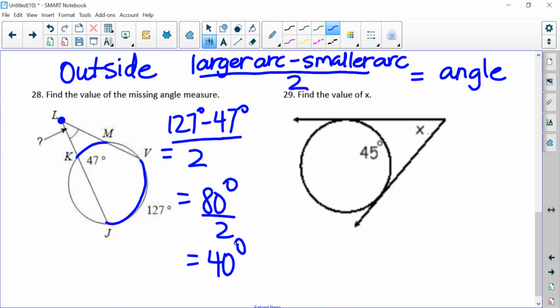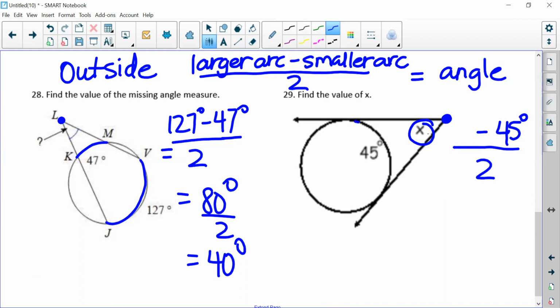Look here, number 29. We're dealing with another angle whose vertex is outside the circle, okay? So we're gonna use the same formula, larger arc minus smaller arc divided by 2. But some of y'all like, Miss Grubbs, we only know the measure of the smaller arc. We know that the smaller arc has a measure of 45 degrees, okay? You're absolutely correct.